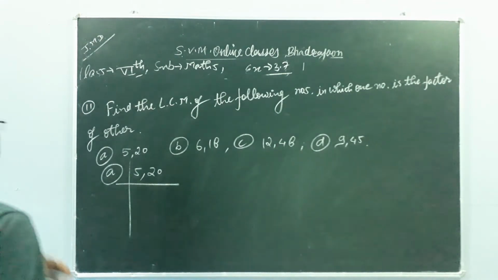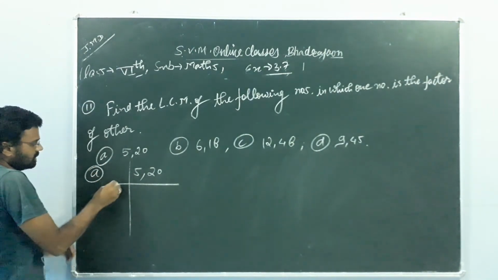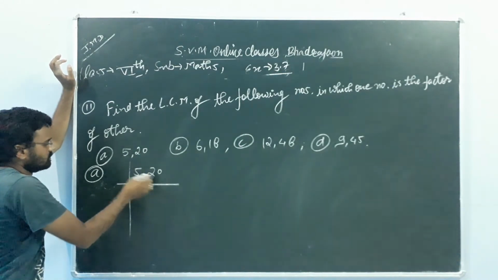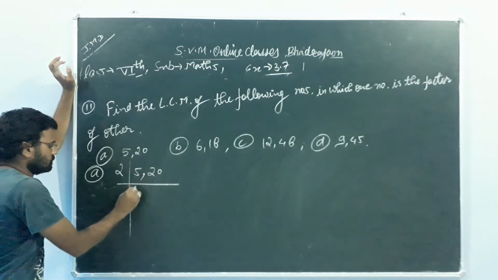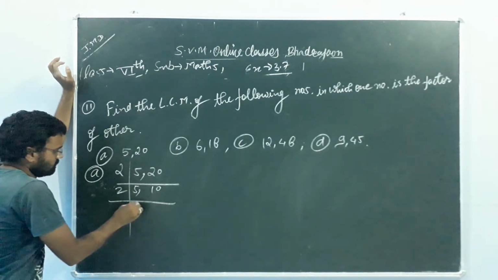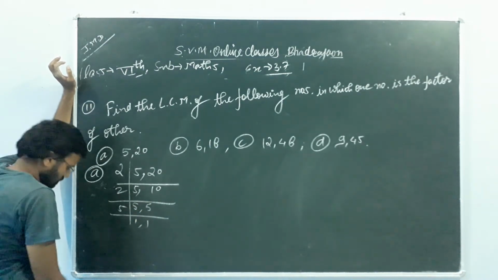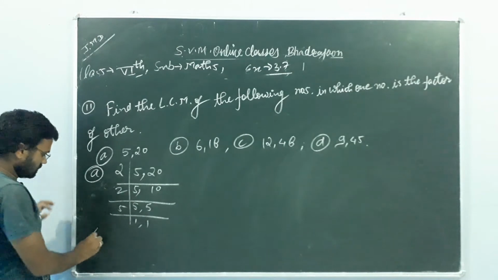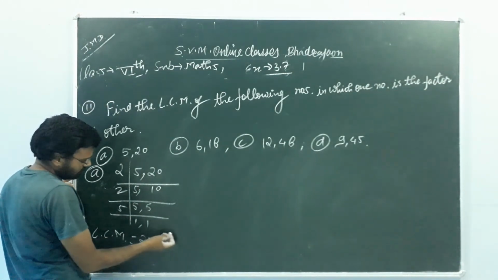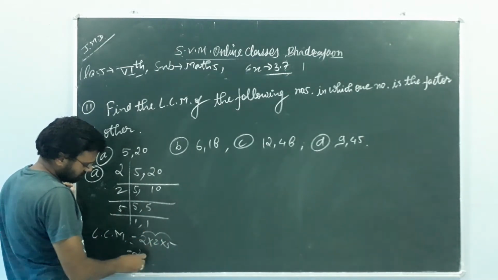Listen, this is part A and we first divide by 2. 5 will not be divisible, so it stays; this becomes 10, again by 2 it becomes 5, and this is again 5, and by 5 it becomes 1 and 1. Got it. So our LCM equals 2 into 2 into 5. This is 4, 4 times 5 is 20.